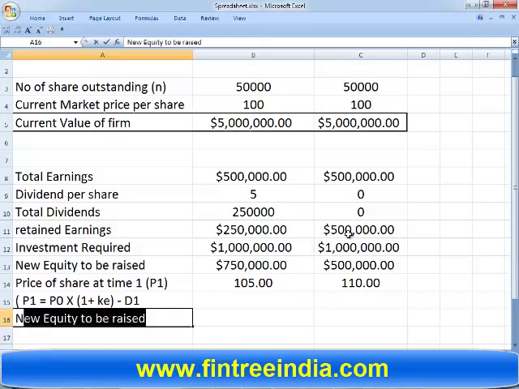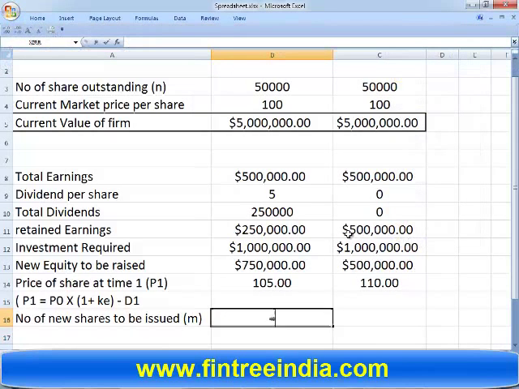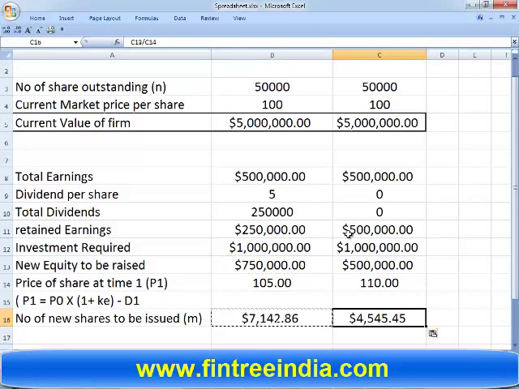Now the final case, the number of new shares to be issued, M. New shares to be issued would be total equity raised divided by price at time 1: 7142 and 4545.45.